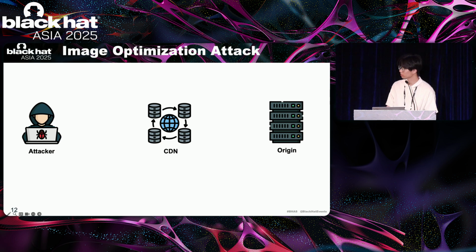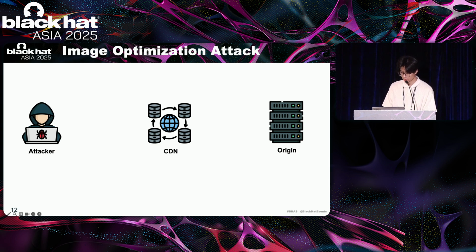Let's take a closer look at how an attacker can exploit this for an amplification attack. When a CDN processes an image optimization request, it relies on the query parameters provided by the client. For instance, an attacker could send a carefully crafted request asking the CDN to crop an image down to a single pixel.